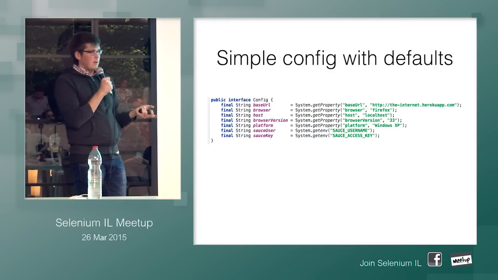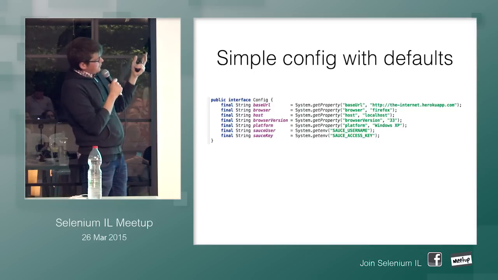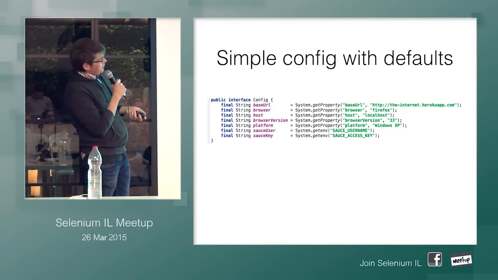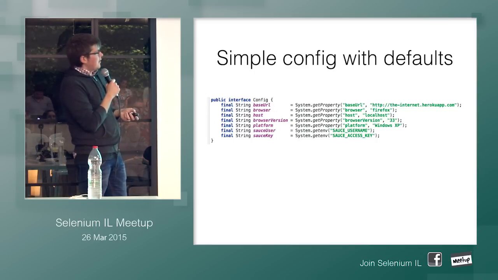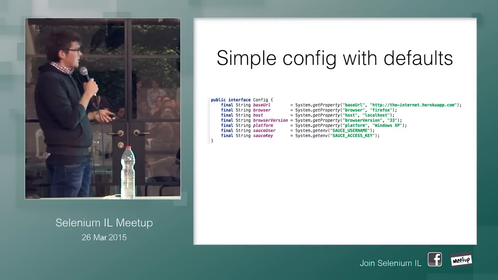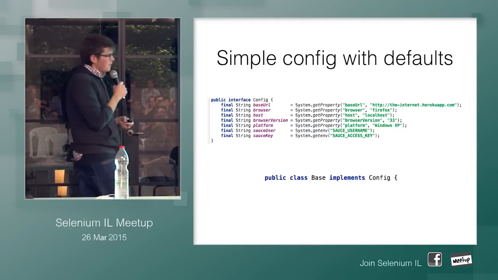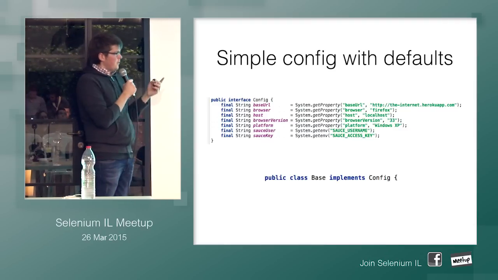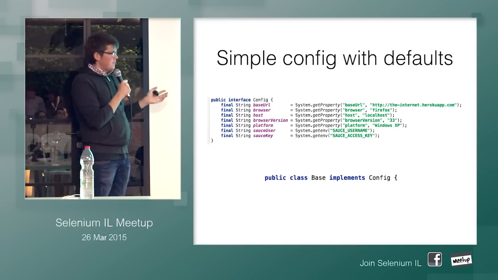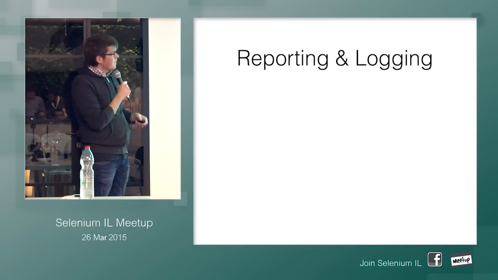They'll run in the most important browser, I think, at the time, which according to this is Firefox 33 on Windows XP. And then you would just implement the config interface wherever you want. It could be in your base test, it could be in a base page object, but then you have access to the browser and all the other goodies like a base URL and so on and so forth.